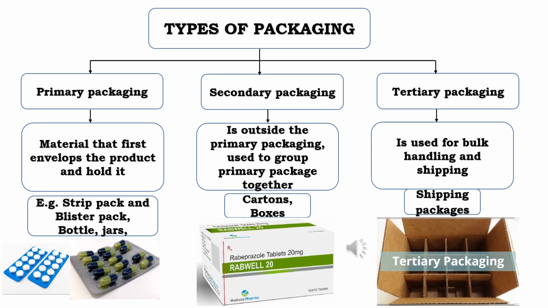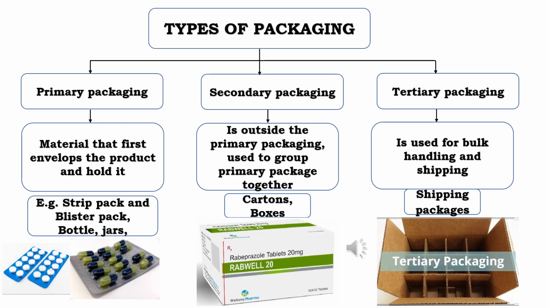Then the next type of packing is secondary packaging, and this secondary packaging is outside the primary packaging, and it is used to group all the primary packages together, and its major role is in protecting the primary pack and product from mechanical hazards by giving protection from tough handling during transportation.